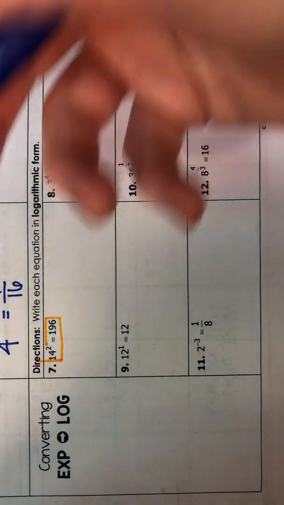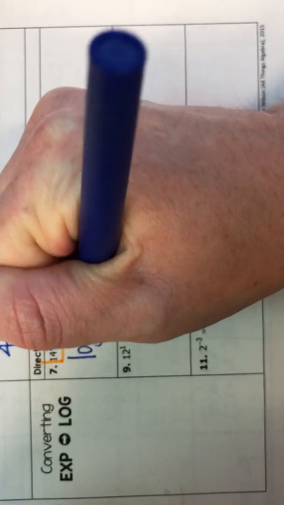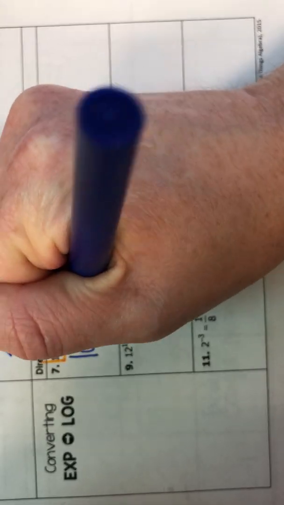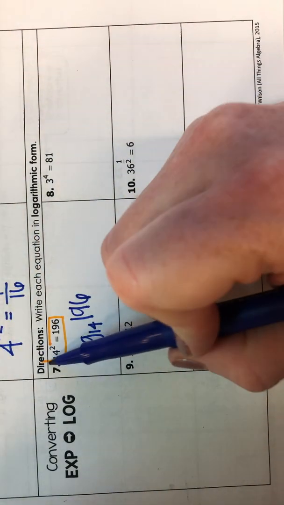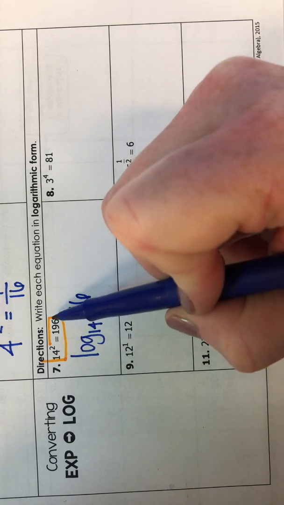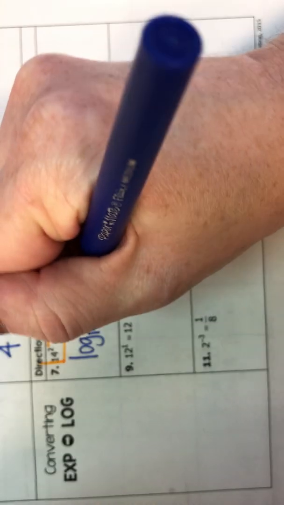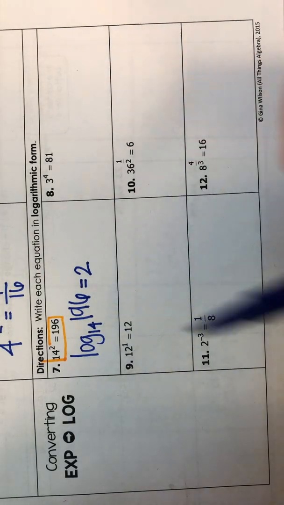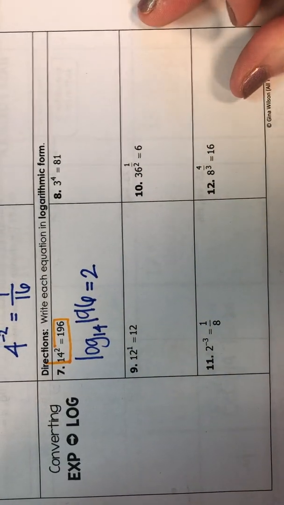So this will be written log base 14, because 14 is the first number that I touch, of 196. I go from 14 to 196, and then I end at 2. Log base 14 of 196 equals 2.